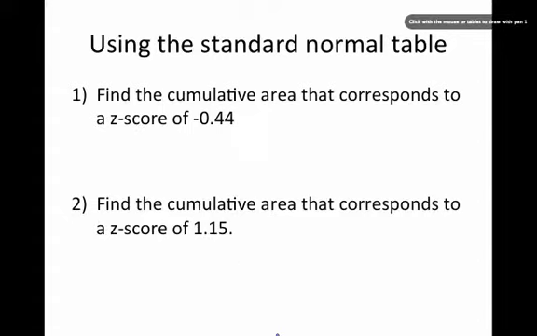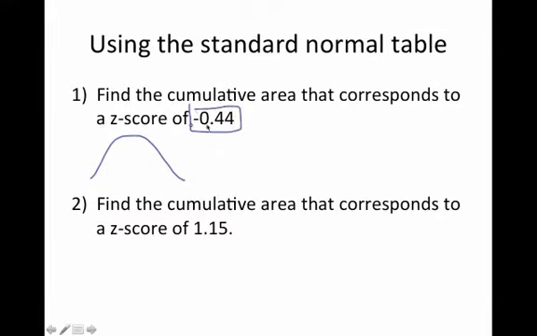When I do these problems, the first thing I want to do is I actually always want to sketch my normal curve and the z-score that I'm interested in, and then shade the corresponding area. So in the normal curve, this is 0, the mean, and negative 0.44 is about here.